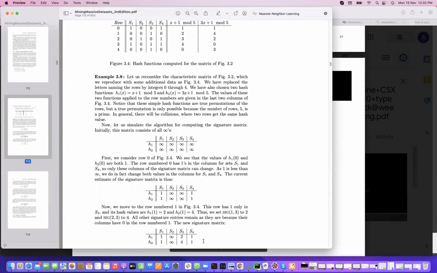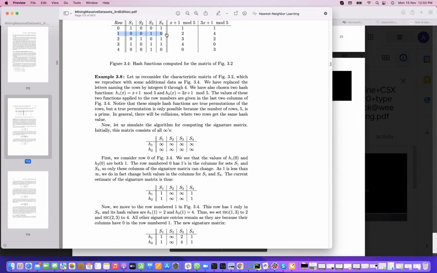Then see the second iteration. The second row will be permuted to the second row and the fourth row. The first hash map will take you to the second row, and here the index is 1, so index 1 row goes to index 2 row and index 4 row. In which columns do you have 1s in the present order? Only S3, right? See, this is the row we are at.